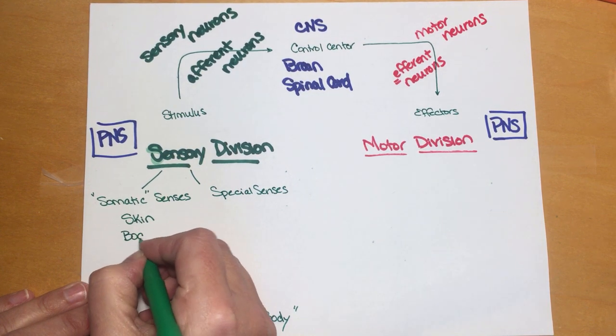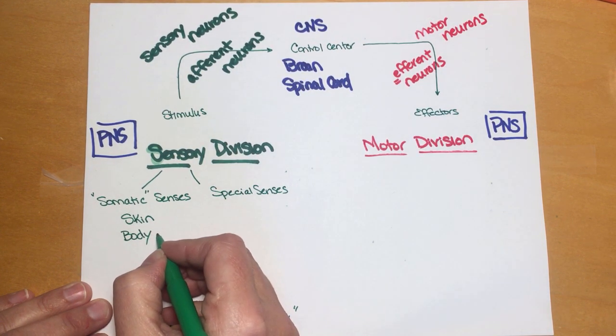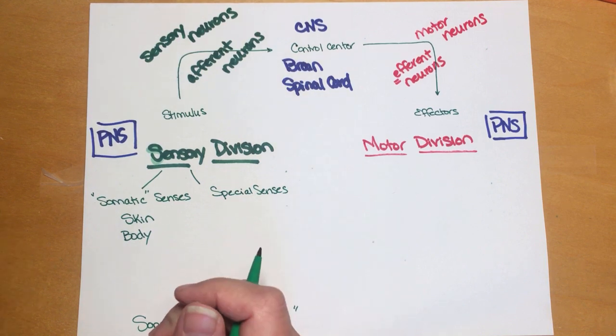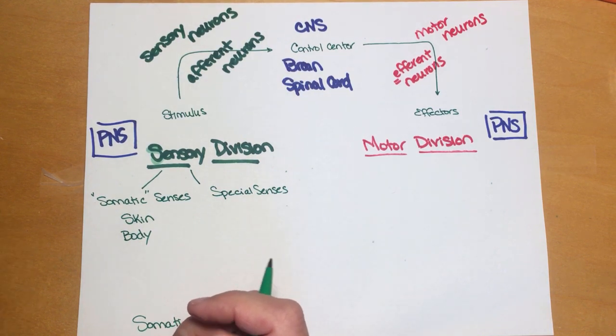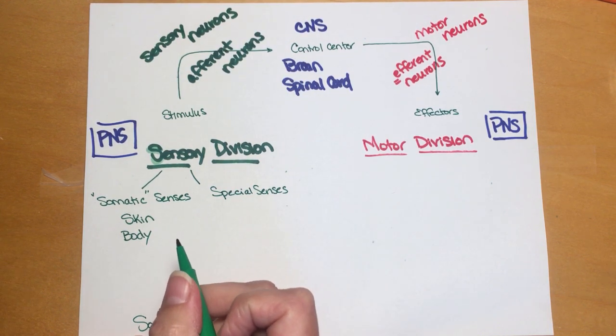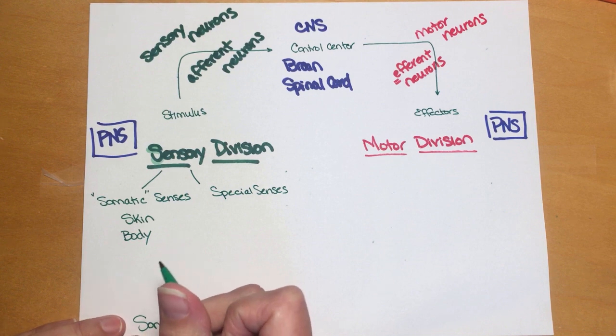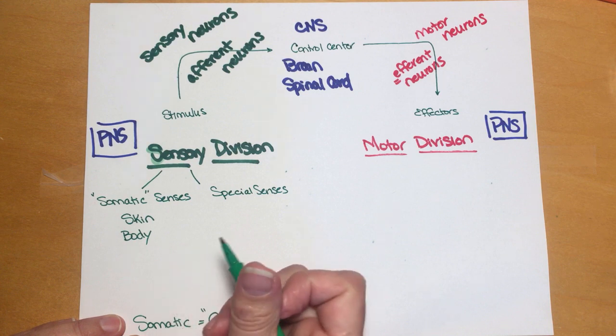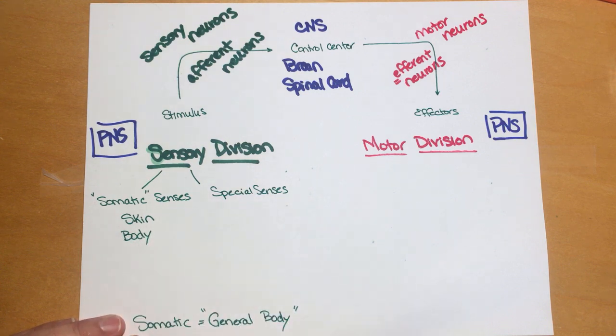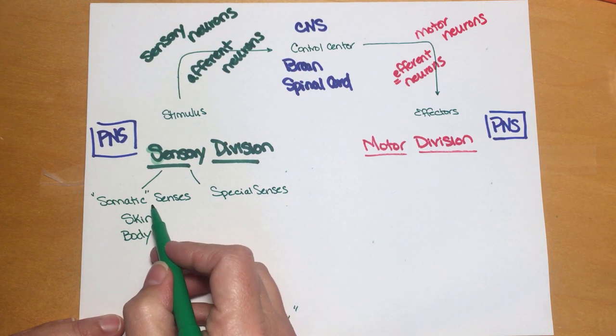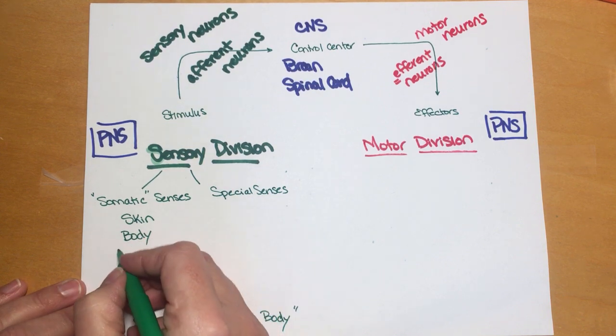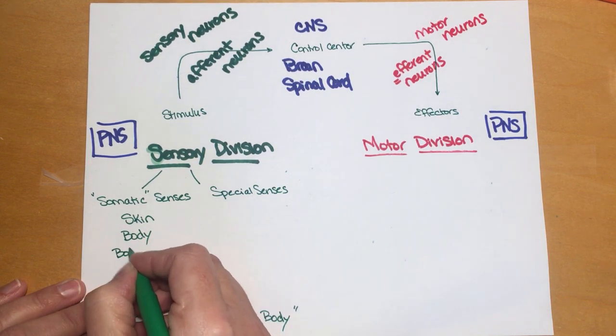Also from your body, so like your organs, your viscera, whether your stomach is grumbling, whether you have a cramp in your diaphragm, whether your heart is pounding, all of those things are picked up on your somatic sensory division. We also are interested in body position.